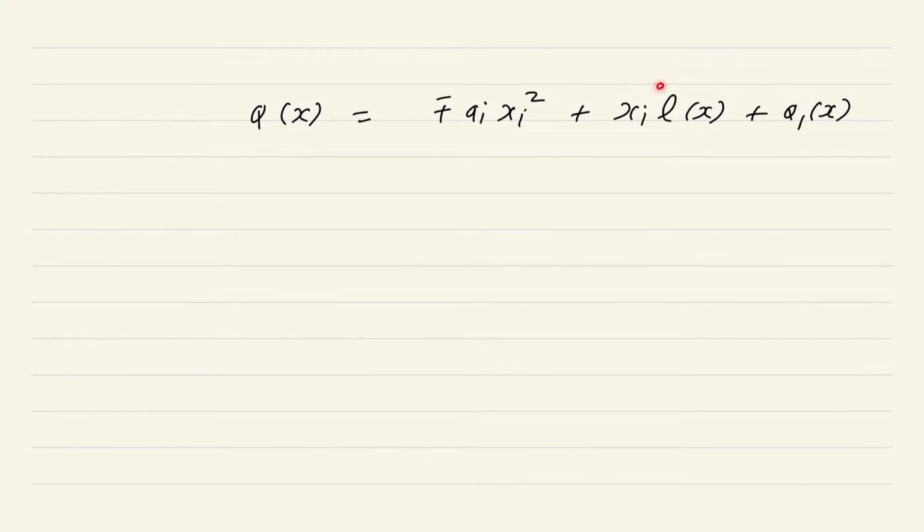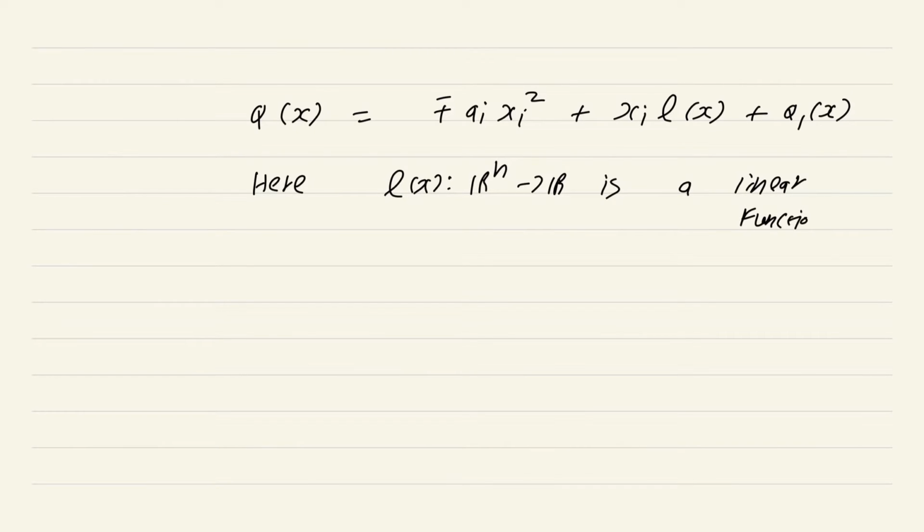To obtain this L of x, I'm going to club together all the terms that involve xi but are not a square. There's only one term that involves xi squared, and that term I have already isolated and put here. I look at all the other terms where xi occurs and take xi outside. That can be done. So what will be left is a linear functional. So here L of x from Rn to R is a linear functional which could possibly be identically 0. So keep that in mind.